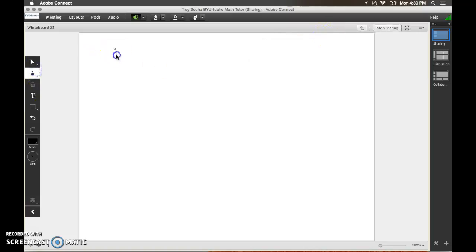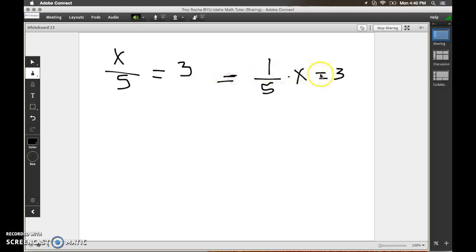If we had a problem like this, or it can also look like this, we need to get a number that will remove this 5. These are the same problem. They equal the same thing. They all equal 3. But now we need to solve for this variable, this x.